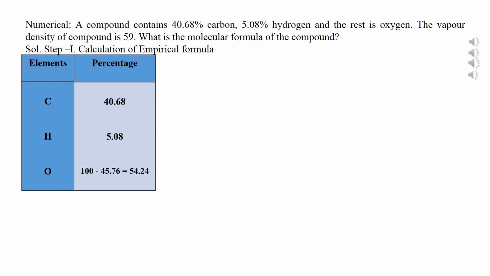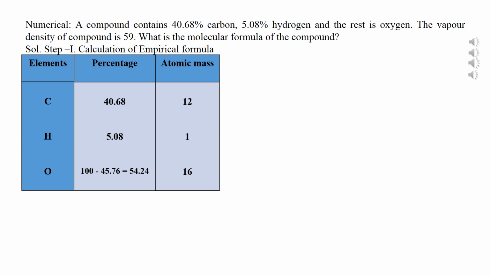The sum of all the percentages should be 100. Our next step is to write the atomic masses of each element. The atomic mass of carbon is 12, hydrogen is 1, and oxygen is 16.